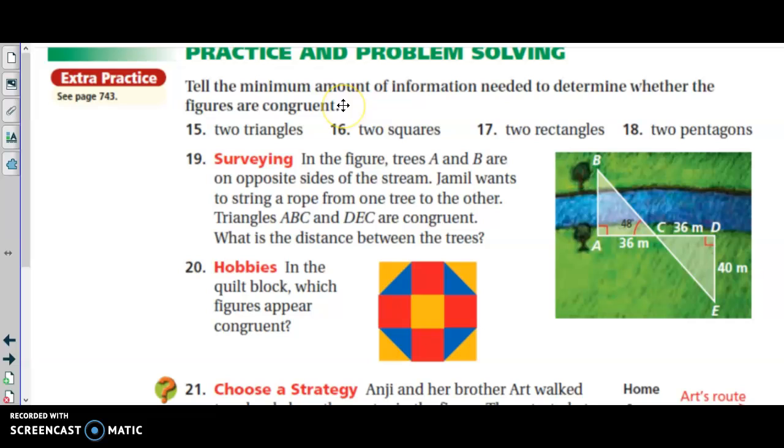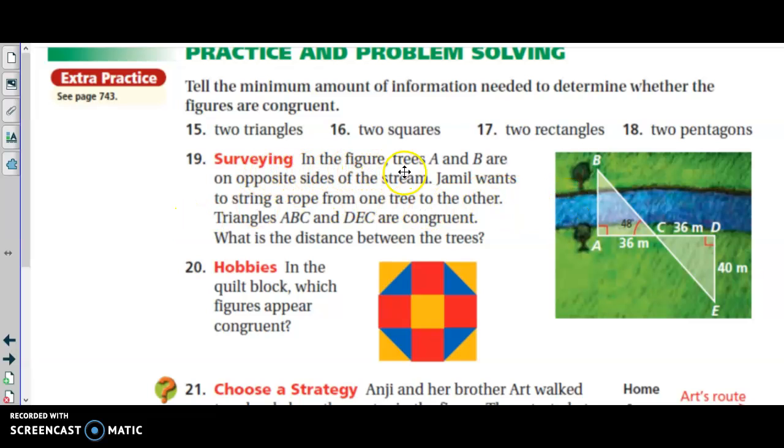In other words, if you know you have two triangles, do you need more information about those two triangles to determine their congruency? If you have two squares, do you need more information to determine yes or no, congruent? Two rectangles, two pentagons.